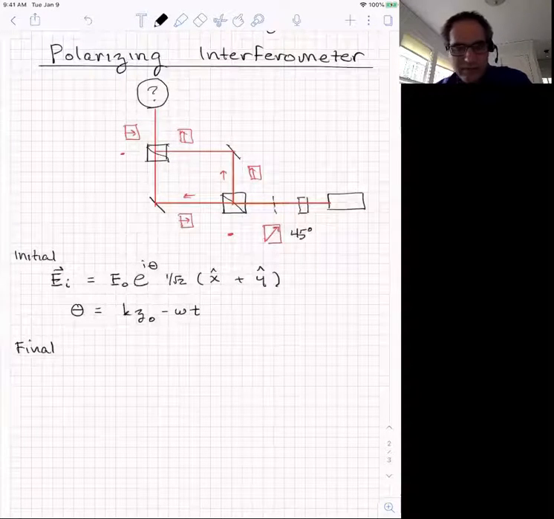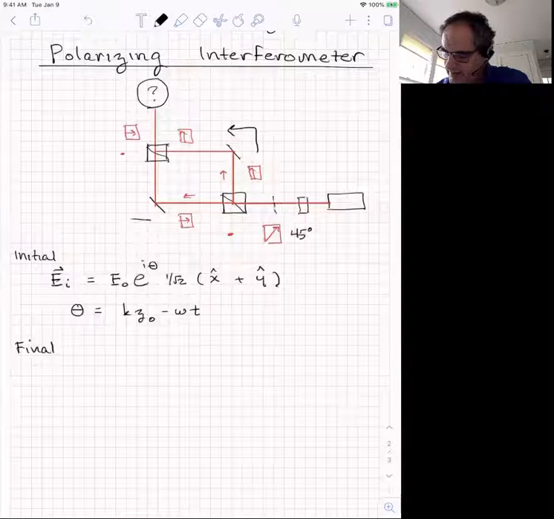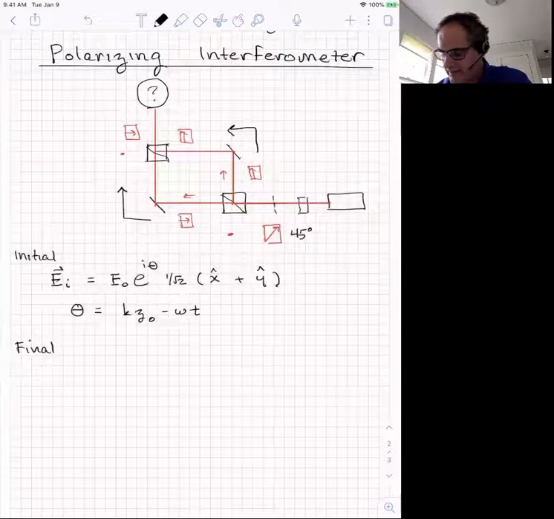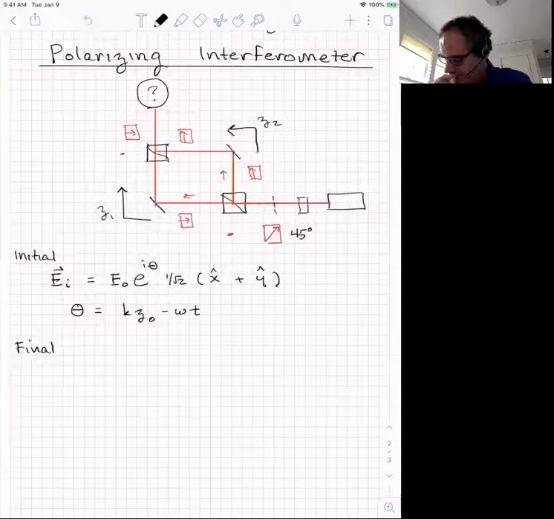Now, the final polarization will be different, and that's because the two polarization components travel different distances to reach the beam splitter, and so they arrive out of phase. Let's call the distance that the horizontal component takes z1 and that the vertical component takes z2.